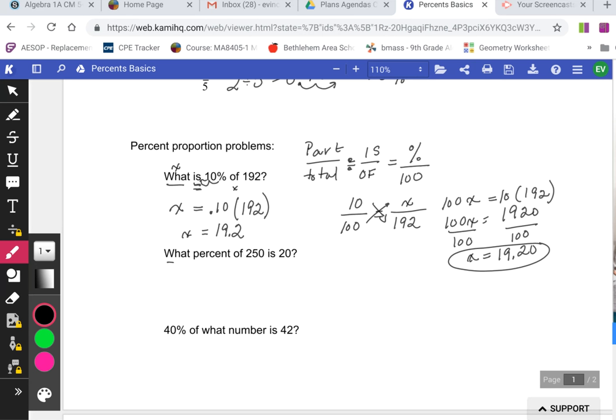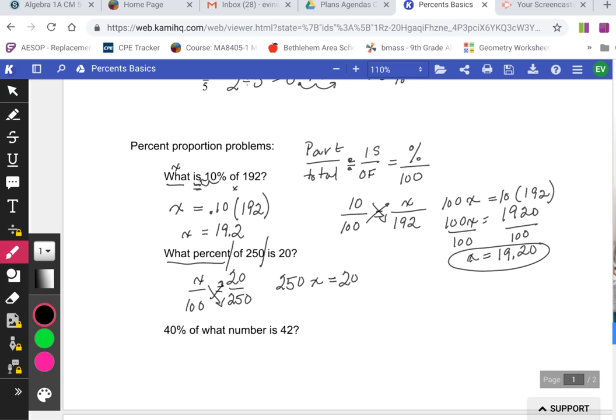So what percent of 250 is 20? So we can kind of separate this into our three pieces. I don't know what percent it is, but I do know that it's out of 100. So I'm going to set up x over 100 equals 20 is with my is, and 250 is my of. So we're going to cross multiply. So I have 250x equals 20 times 100.